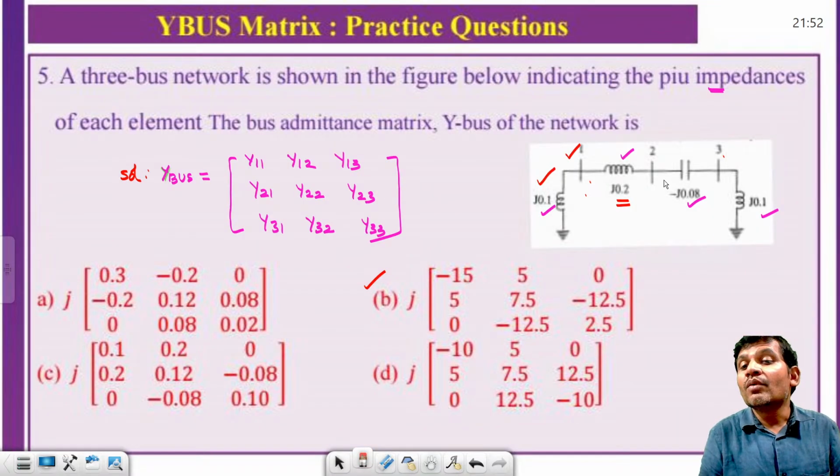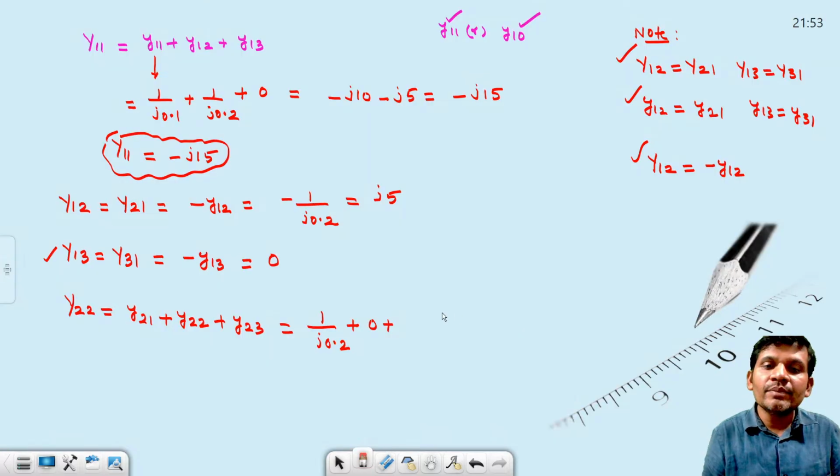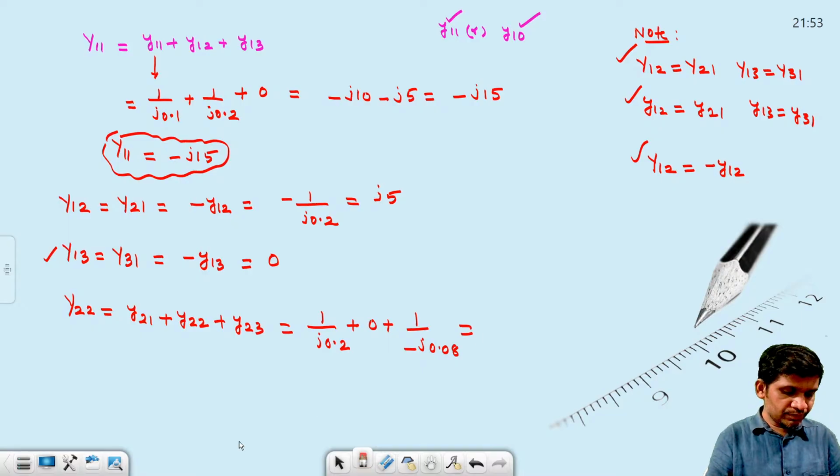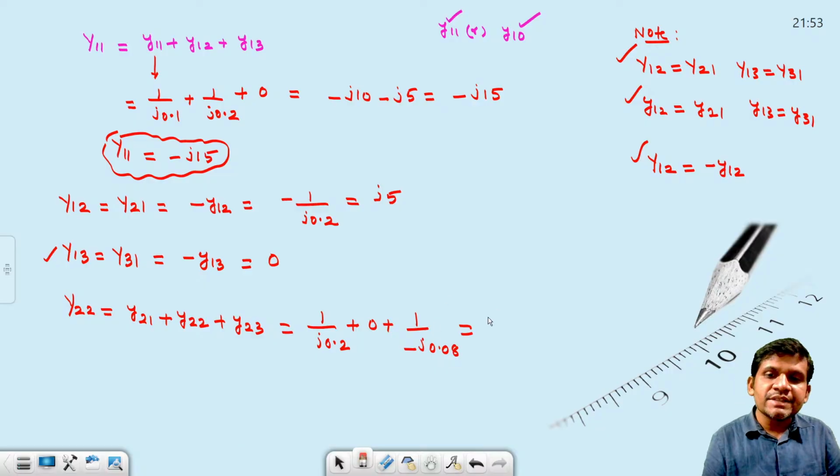Y23, minus J0.08, but 1 by minus J0.08. Can you answer this? How much do you get, students? J7.5.